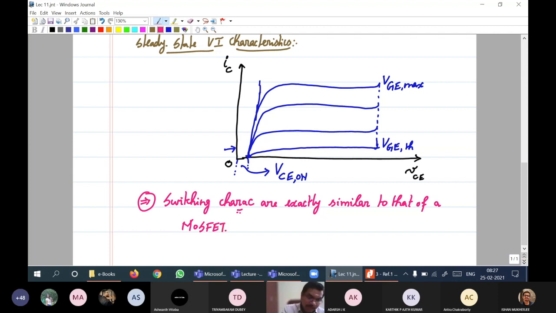Only change would be that the fall time intervals will be longer. Now, longer means the switching frequency of the IGBT will come down, because time is more, so frequency is going to come down. It will take a longer time for turning on and turning off.